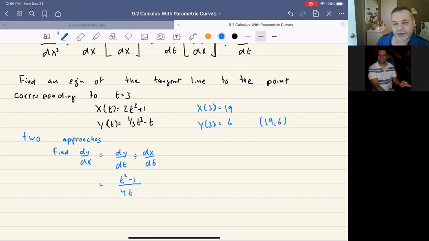We want this at t equals 3, so that's 9 minus 1, which is 8, in the numerator over 12, which reduces to 2/3.